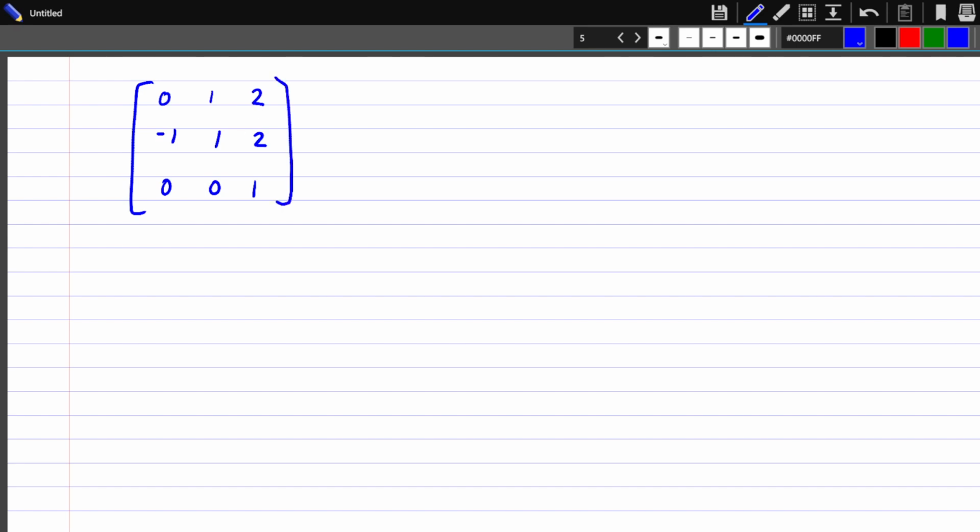That's a 3 by 3. And multiply it by this matrix 1, 0, 1, 1, 0, 0, 1, 2, minus 1, 0, 0 equals.